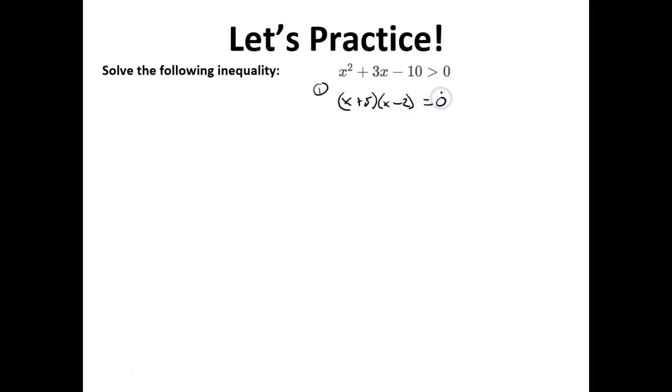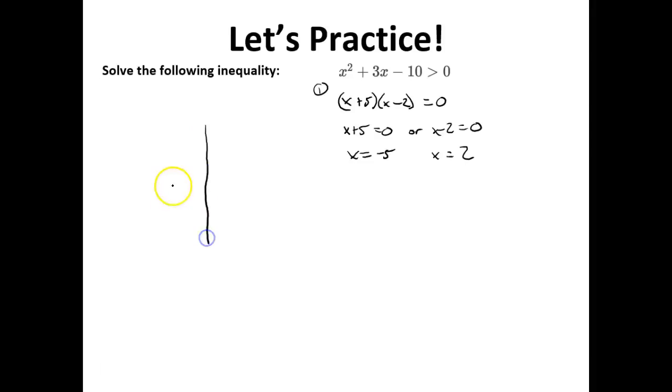Where it's equal to 0, because those are going to be my boundaries or my cutoff points. So either x plus 5 is equal to 0, or x minus 2 is equal to 0, meaning x is either negative 5 or x is equal to 2. That's where this function or this equation is going to equal 0, have an output of 0.